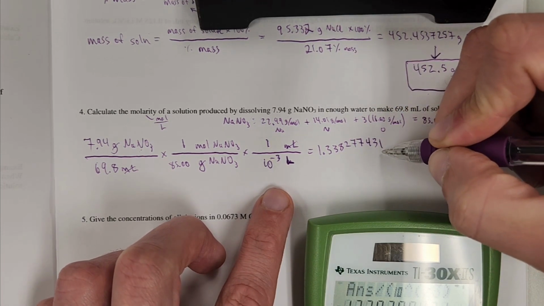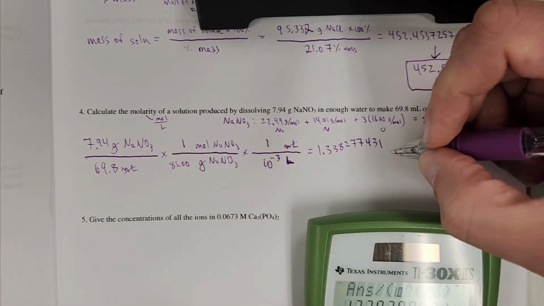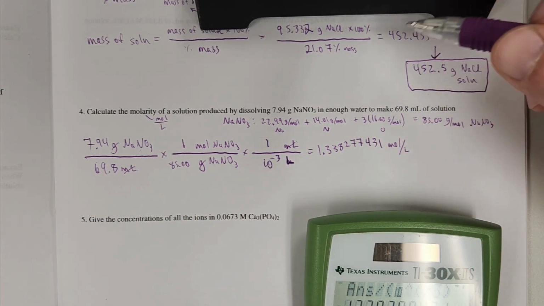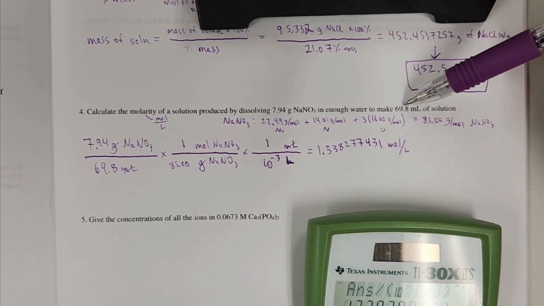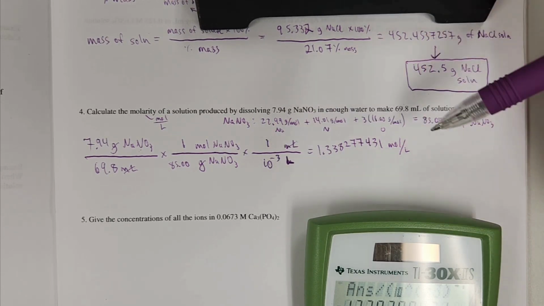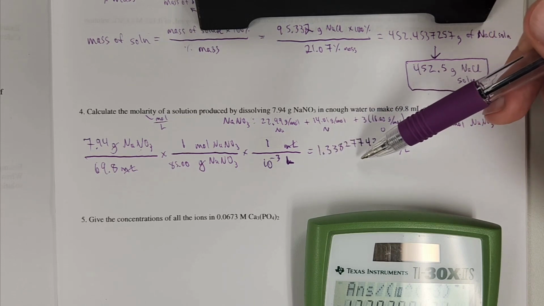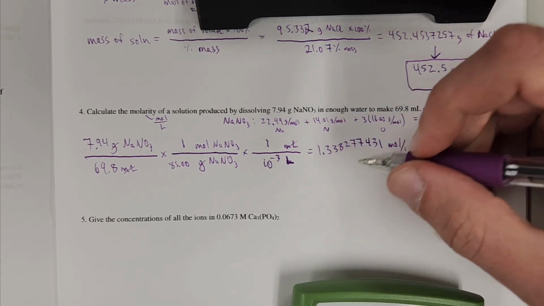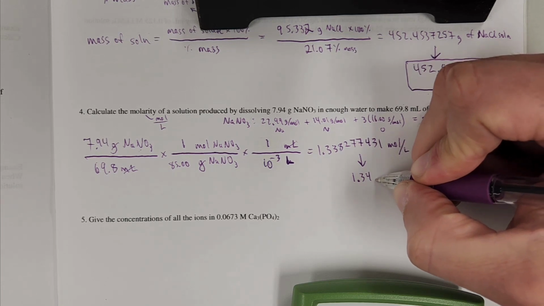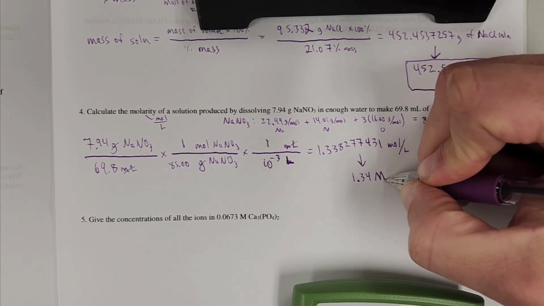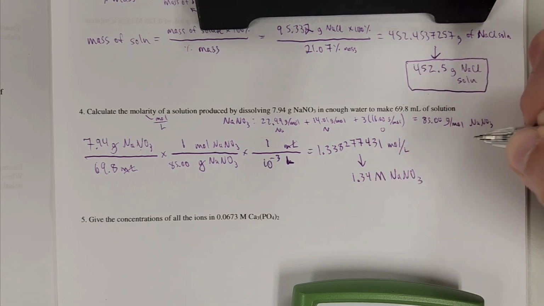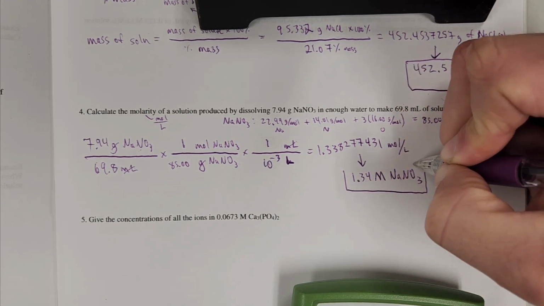Oops, that's what I get for looking at this rather than this as I write. What are the units? Moles per liter. Now let's round that. 3 sig figs, 3 sig figs, 4 sig figs, infinite sig figs for metric conversion. So you're using a 3 sig fig answer. So we're going to round that to 1.34 moles per liter, or just write capital M, either one's fine, sodium nitrate, and then you box that.